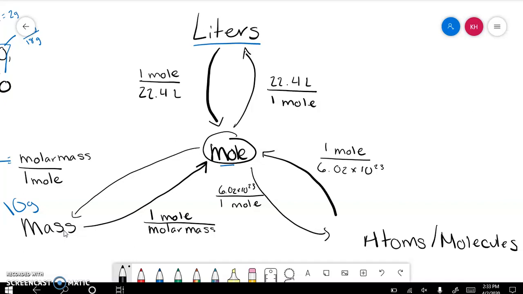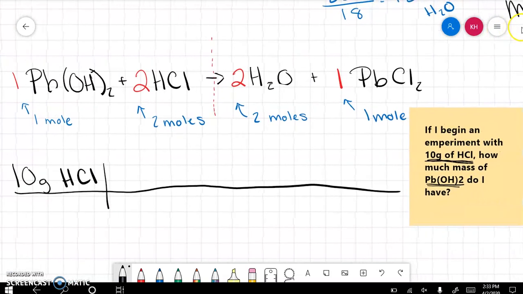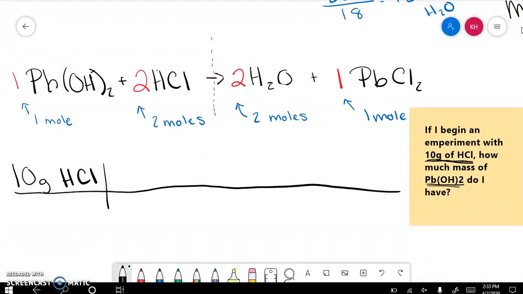And if I want to go from mass to mole, I've got to put the molar mass at the bottom, 1 mole on top. So for HCl, I know that hydrogen has a mass of 1 gram, chlorine has a mass of 35 grams. Add that together, we get a grand total of 36 grams of HCl. And that's going to give us 1 mole. And so we know that our units are going to cancel out.